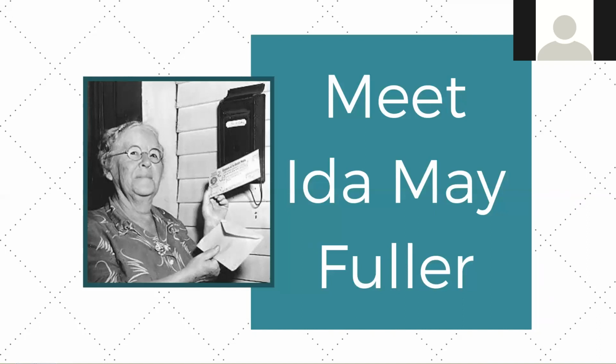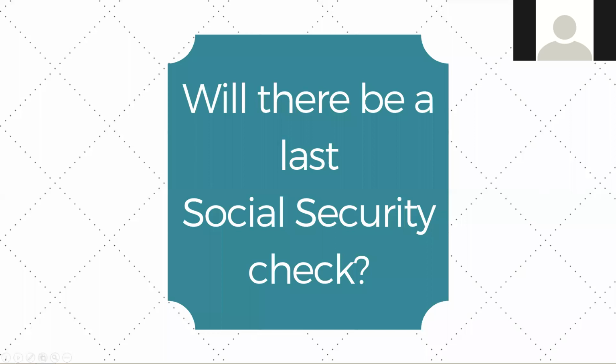However, as many of you know, life expectancy changes; it extends as you live. So at her age 65, she was expected to live on average another 14 years, to age 79. That begs the question: will there be a last Social Security check? Is somebody going to be the last recipient? Really, it's important to address the elephant in the room, which is the financial well-being of Social Security.